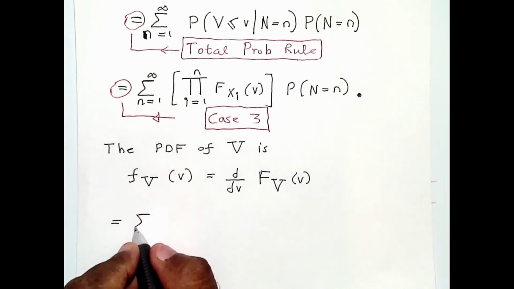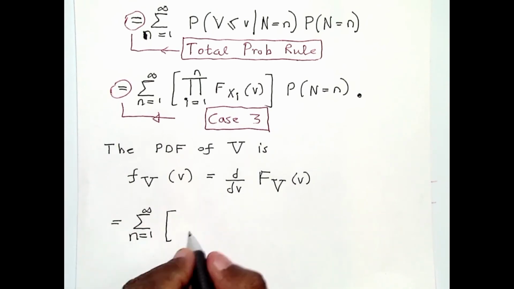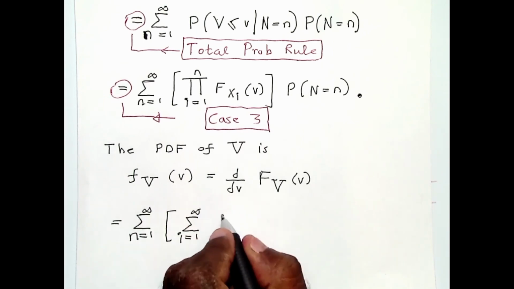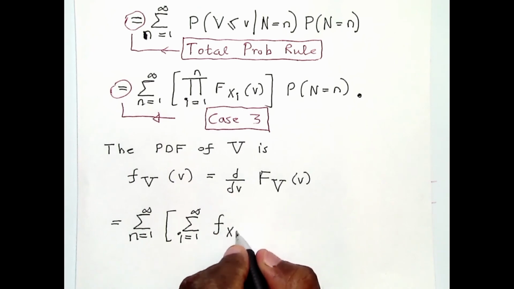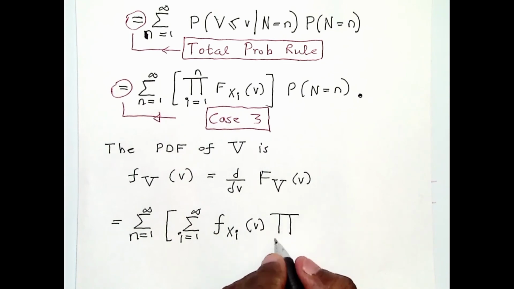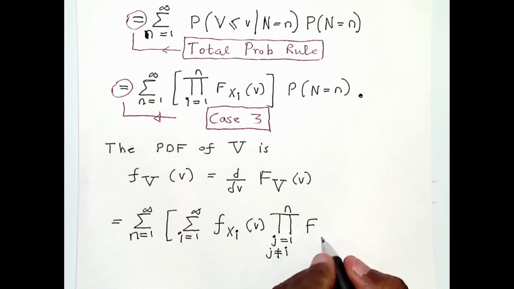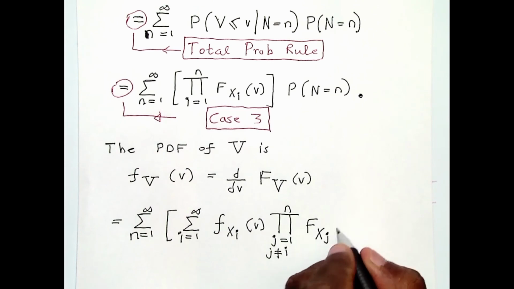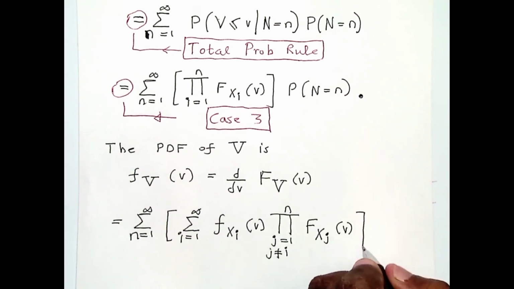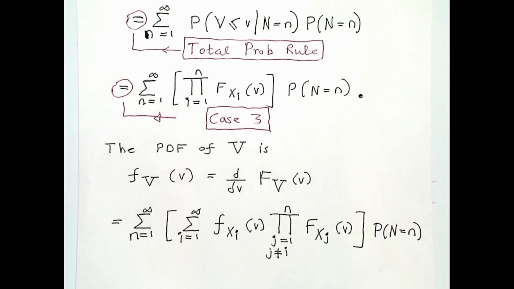You get the sum over n from 1 to infinity, the sum over i from 1 to infinity, the product over j from 1 to n, j not equal to i, times the probability that capital N equal to little n.